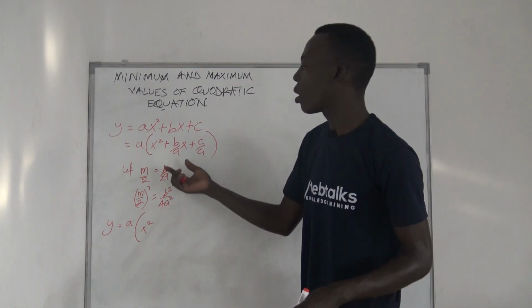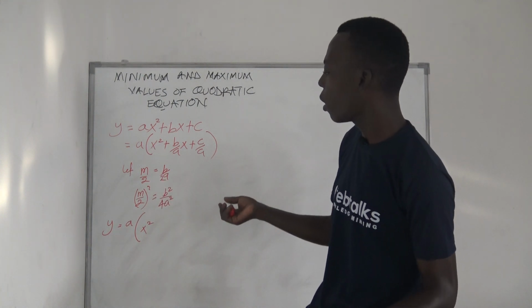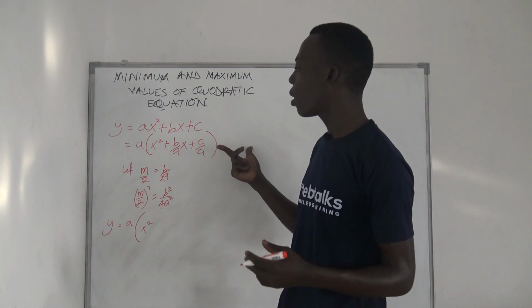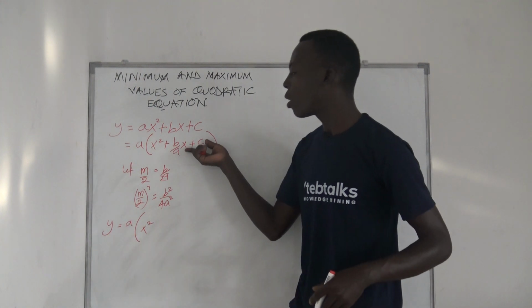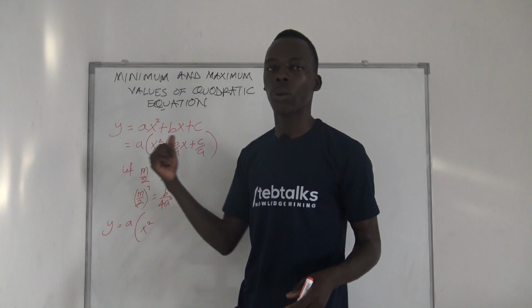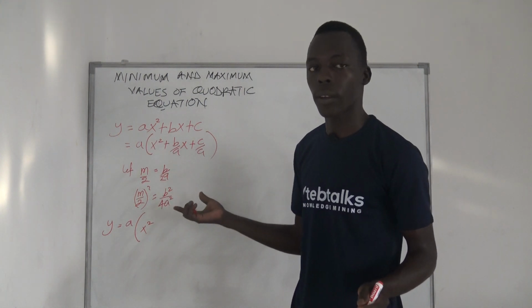and this value which we get after dividing by 2 and squaring. The other time we said that when there is an equal sign, or equals to 0, we first bring this c to the other side so that we can add it on both sides. For this case it differs.